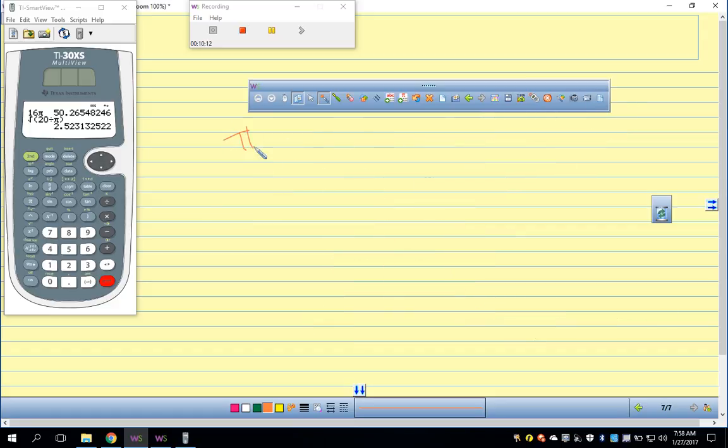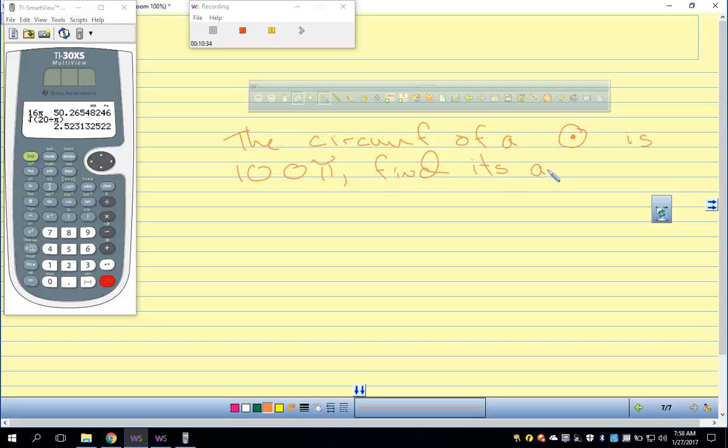The circumference of a circle is 100 pi. Find its area. How would I do that? Circumference of a circle is 100 pi. Find its area.